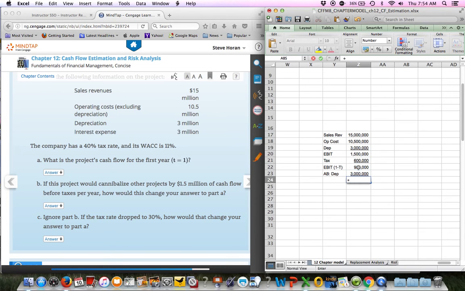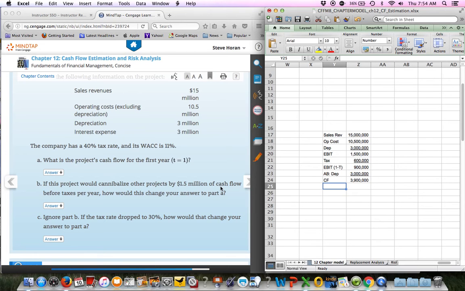Everybody can do the mental math and say that's 3,900,000, but we'll do it for the calculation. So I get 3,900,000 as my project cash flow, CF. So answer A is 3,900,000.